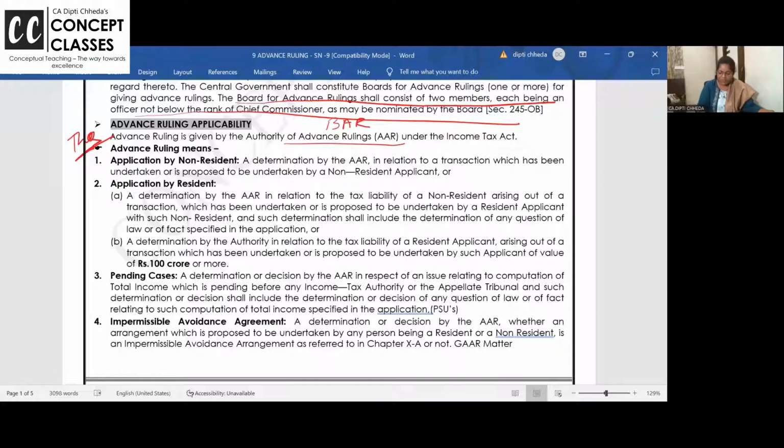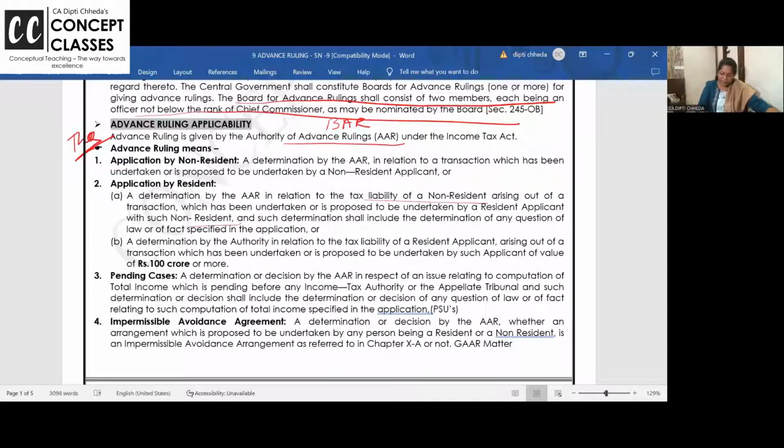Application by a non-resident: determination by BAR in relation to a transaction which is undertaken or proposed to be undertaken by a non-resident. It can say, I am going to enter into these transactions with Indian companies, mergers, amalgamations and all. Application by a resident: determination by AAR in relation to the tax liability of a non-resident arising out of a transaction undertaken by the resident.